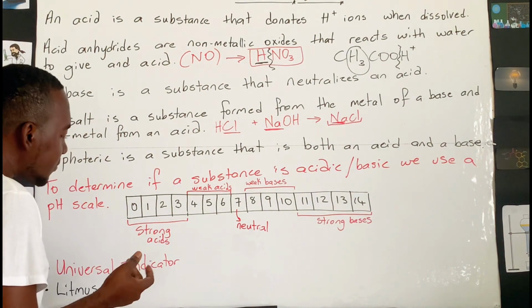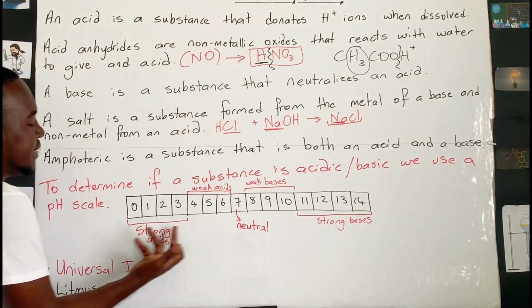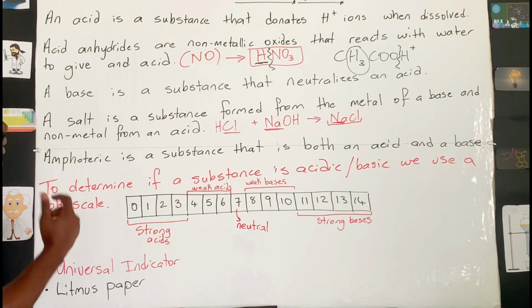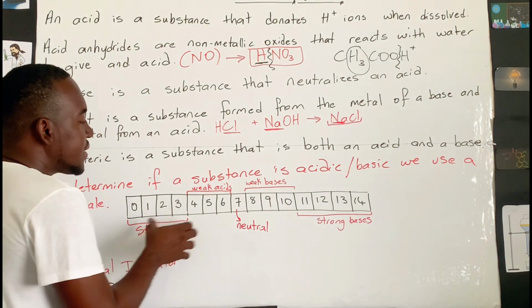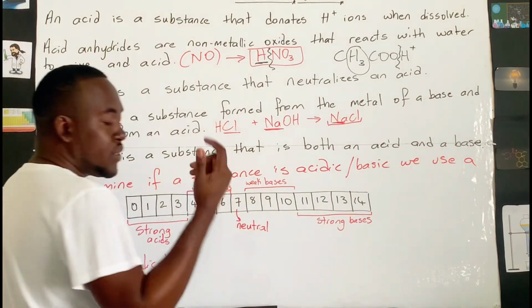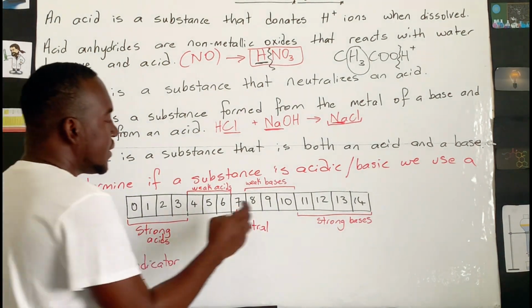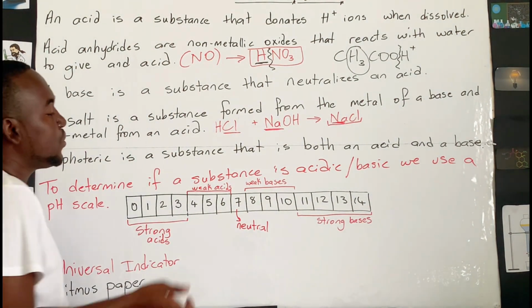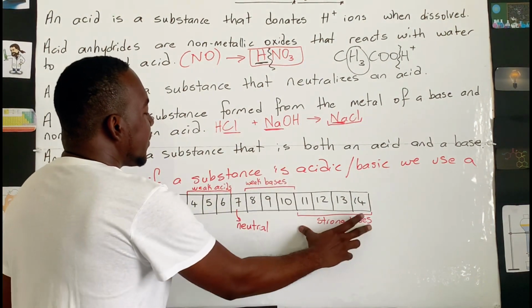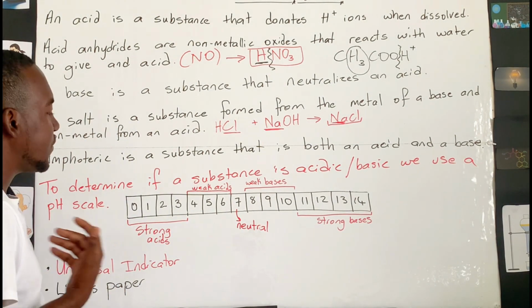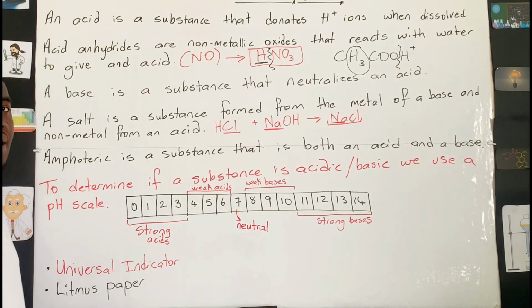If it turns red, it tells us that the substance is on the acidic end, but it cannot differentiate between strong and weak acids. If it is blue after you dip it in the substance, then it's on the basic end, and again, it will not tell you if it's a weak base or a strong base. So that's how you know if a substance is acidic or basic.